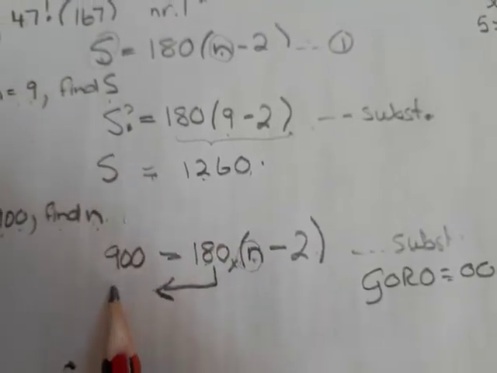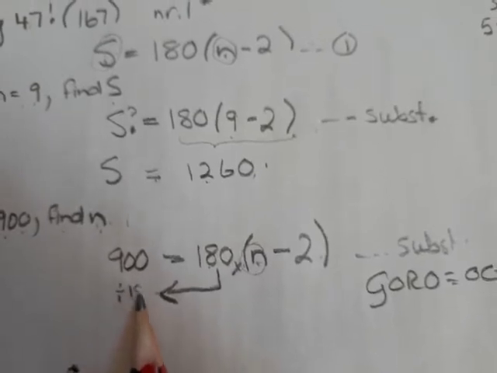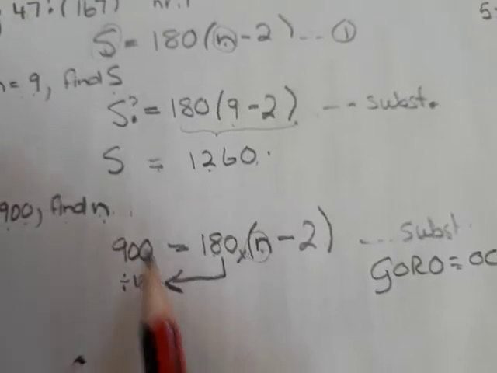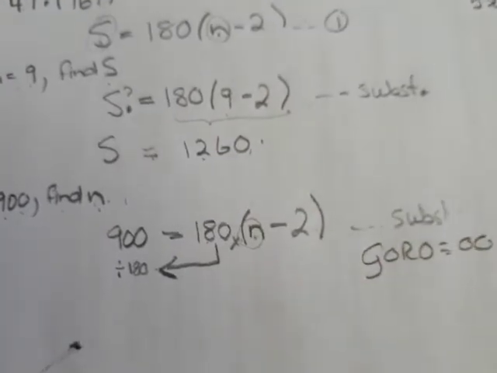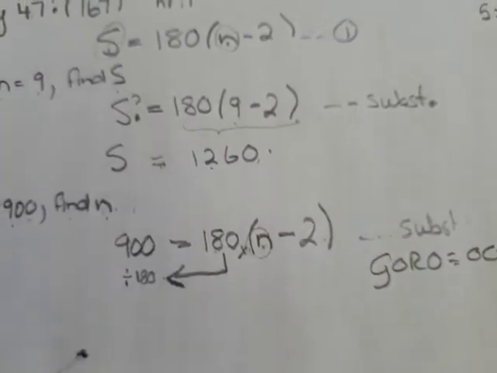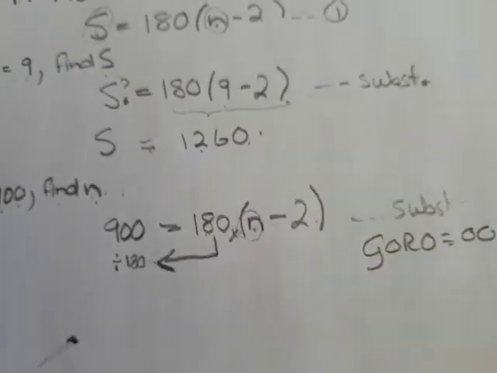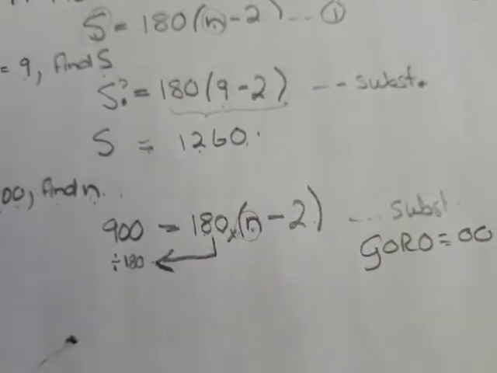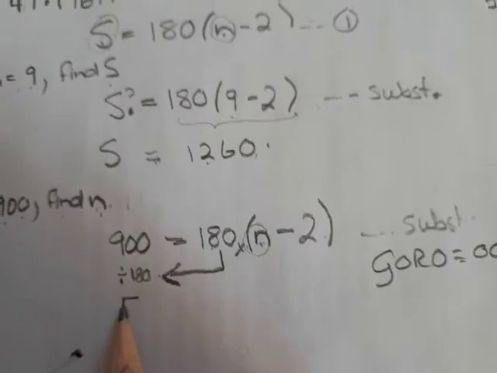So when we take it to this side, we will divide by 180. So on the left-hand side, you will then have 900 divided by 180, which is 5.